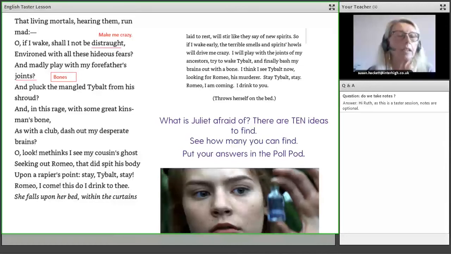Oh, look, methinks I see my cousin's ghost, seeking out Romeo, that did spit his body upon a rapier's point. Stay, Tybalt, stay! Romeo, I come. This do I drink to thee. She falls upon her bed within the curtains.